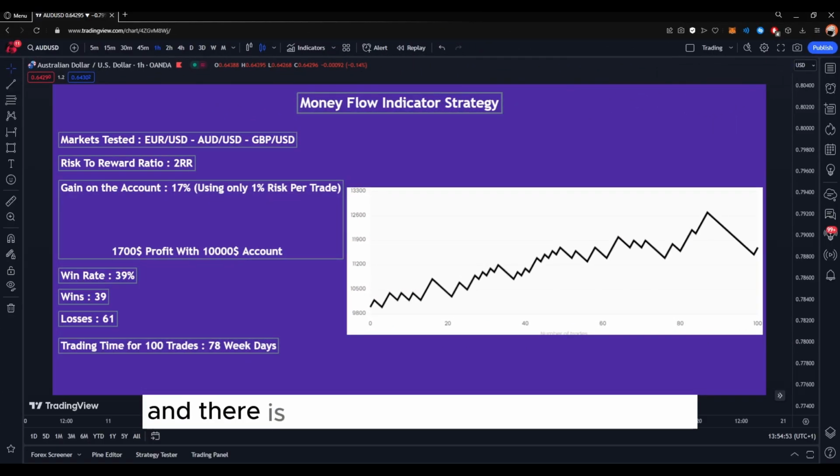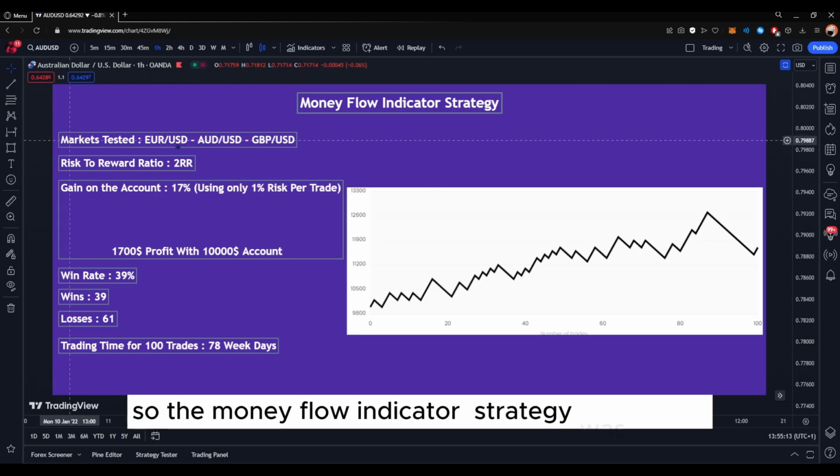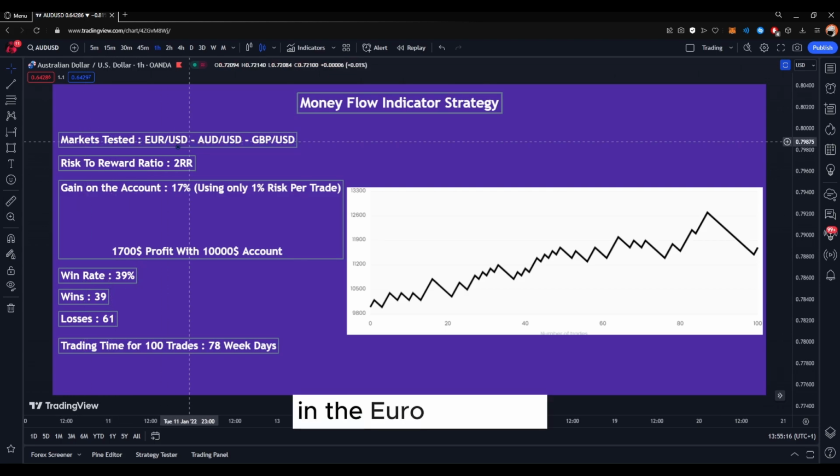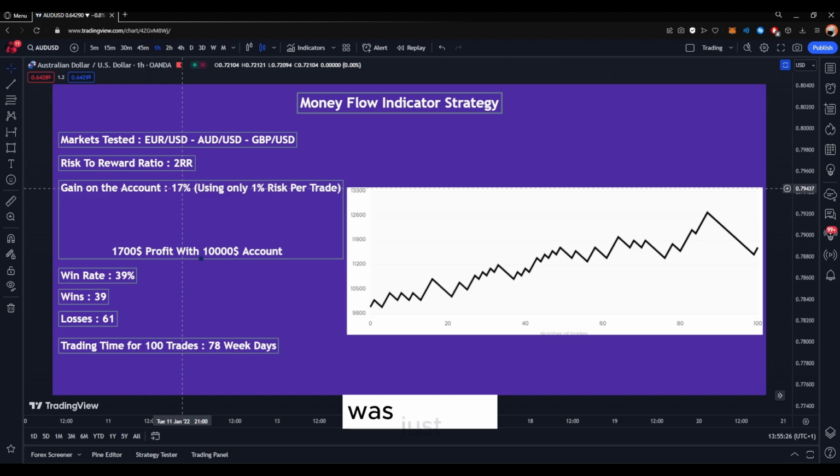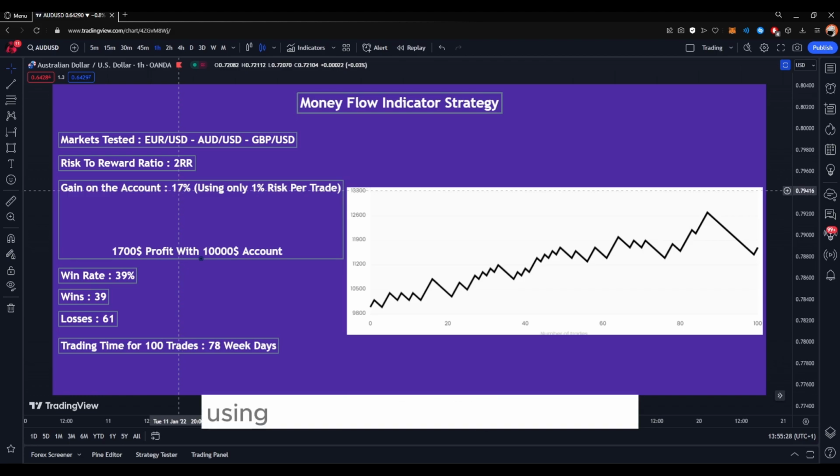And there are the final results of the MoneyFlow indicator strategy. The strategy was tested in the EUR/USD pair, AUD/USD, and GBP/USD using a 2-to-1 risk to reward ratio. The gain on the account was just 17% using only 1% risk per trade.